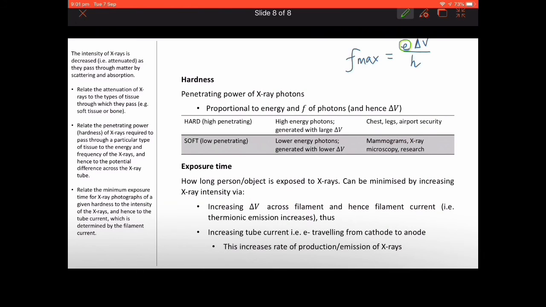The charge on an electron and Planck's constant are both constants, so they're not going to change. And hopefully you can see that the potential difference is directly proportional to the maximum frequency. So if the potential difference increases, then the maximum frequency is going to increase, and if the potential difference decreases, the max frequency will also decrease, so they're directly proportional to each other.